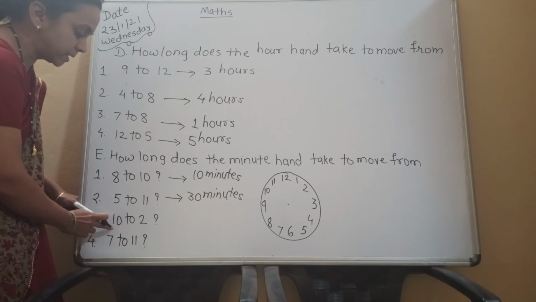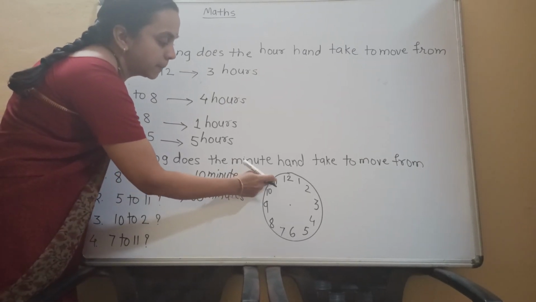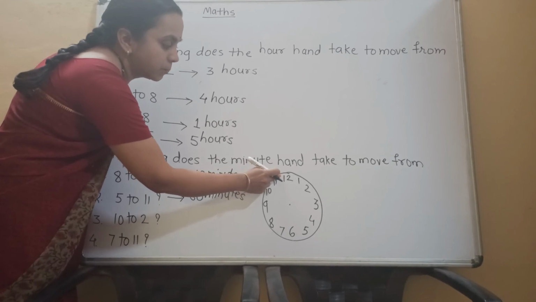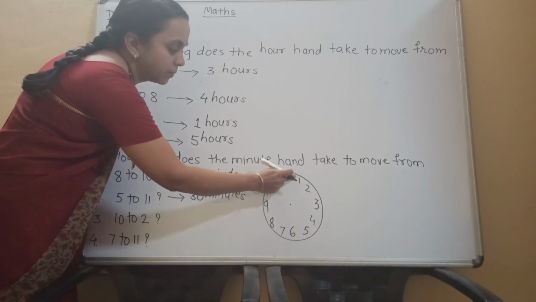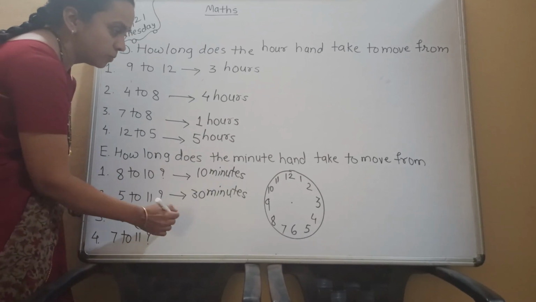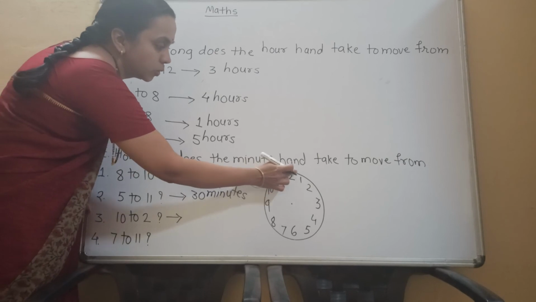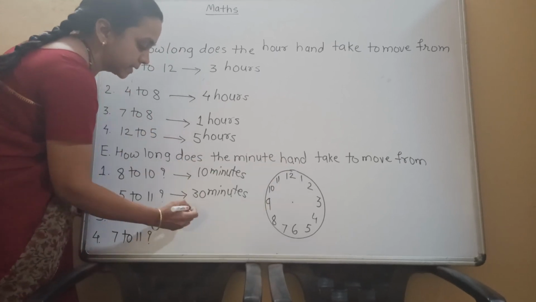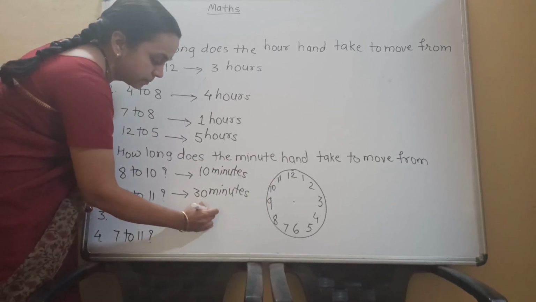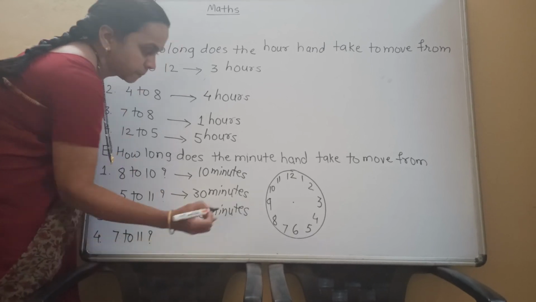Next example is 10 to 2. See 5 plus 5, 10. 10 plus 5, 15. 15 plus 5, 20. So 10 to 2 how many minutes? 1, 2, 3, 4. 4 5s are 20. 20 minutes.